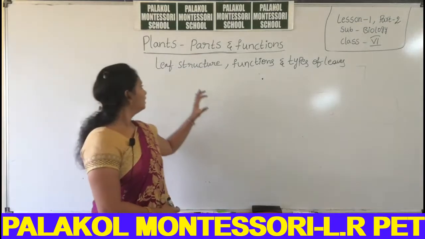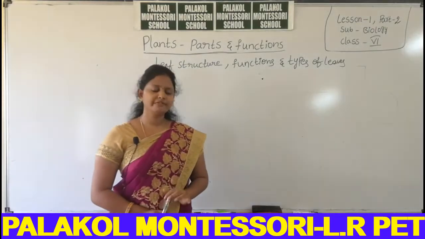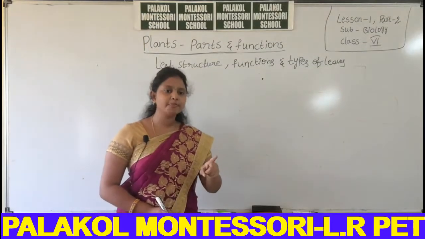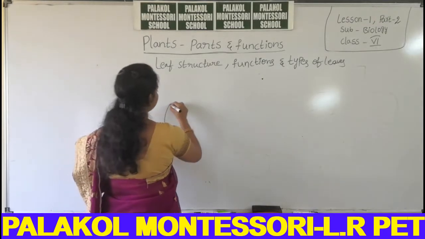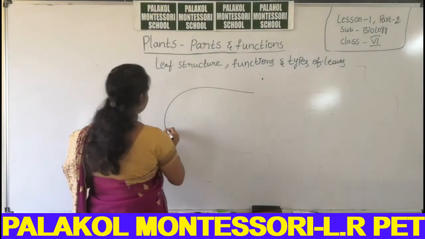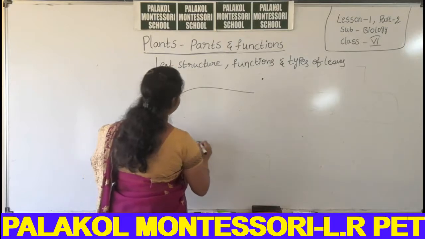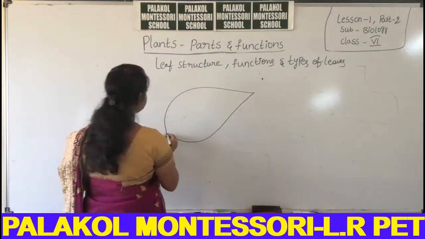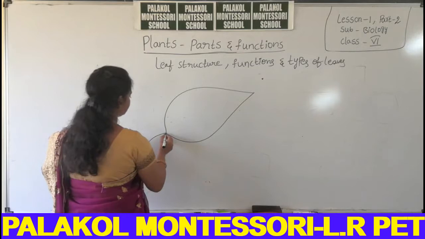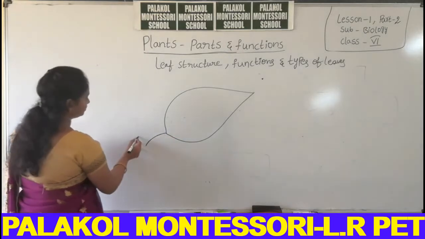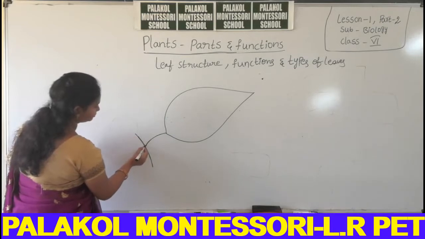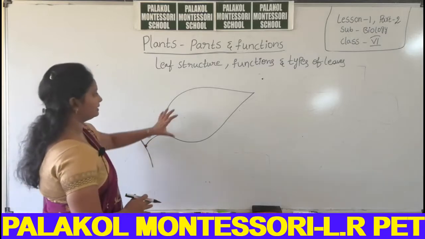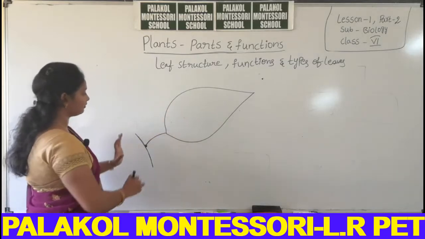Then leaf structure. If you observe a leaf near your house, the main structures present in the leaf are what I represented here. You just observe, children. Now, this is a leaf.